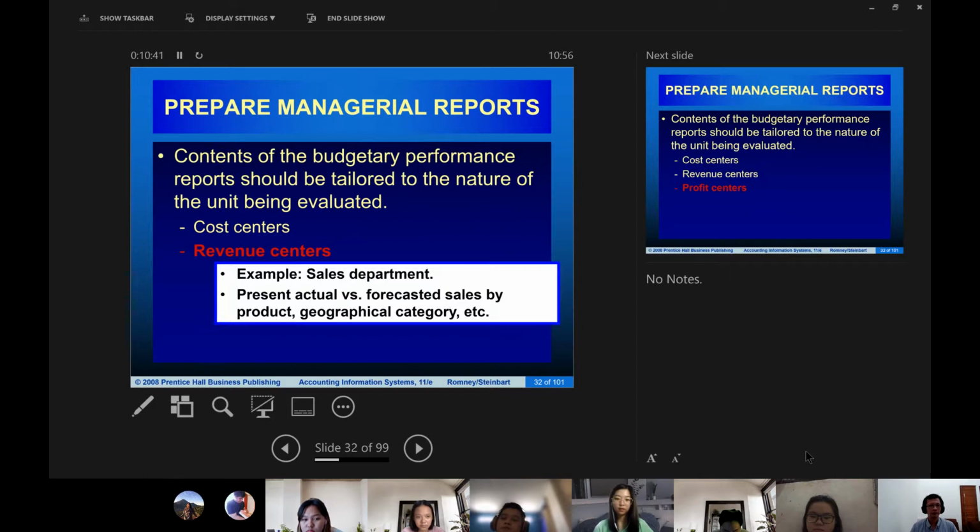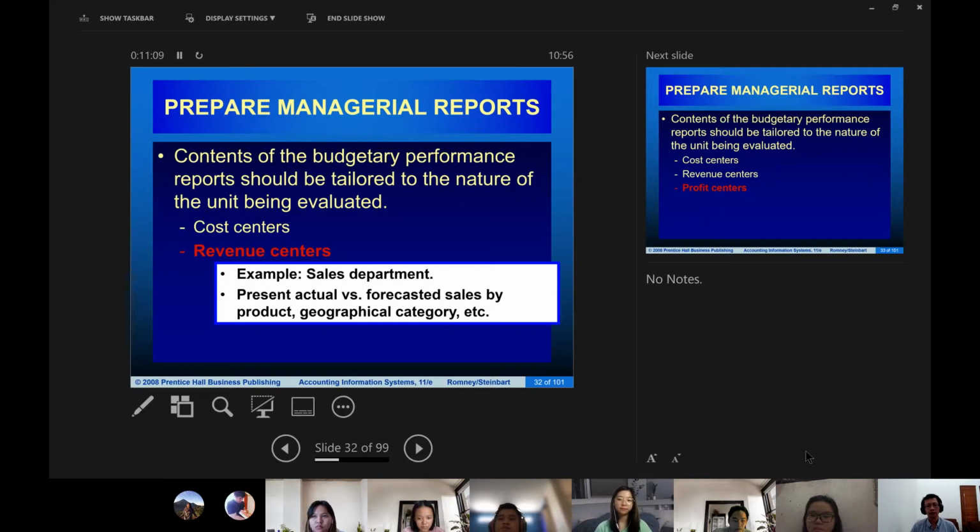There are revenue centers like the sales department. Their performance is evaluated based on how much revenue they can generate. They don't have costs in here, so only revenue. Again, similar to the cost center, they will have a budget revenue, and then it will be compared to the actual revenue they generated.